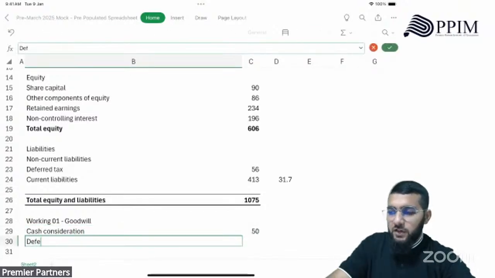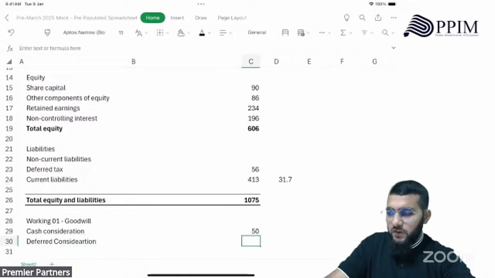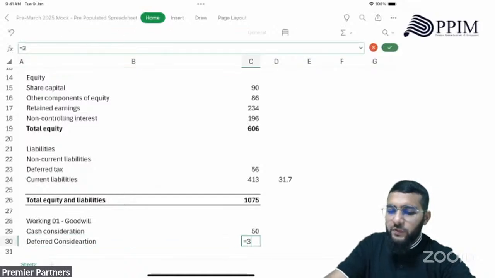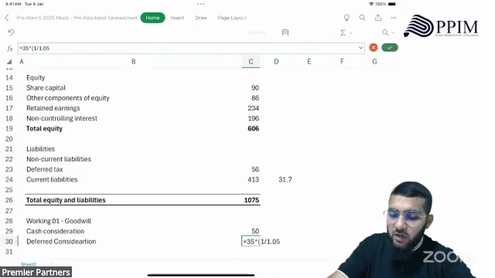Now we have deferred consideration of 35 million into 1 divided by 1 plus the discount rate to the power of the number of years.